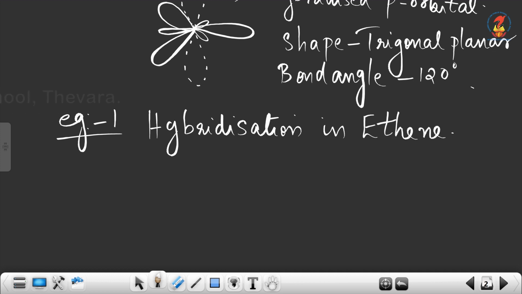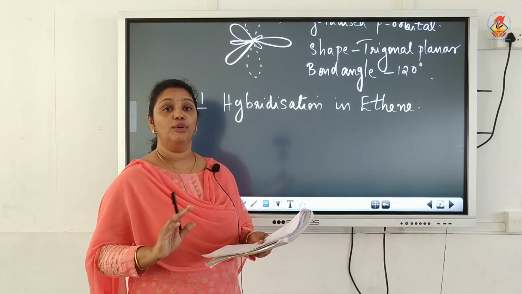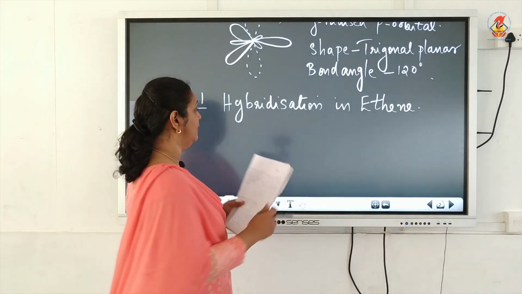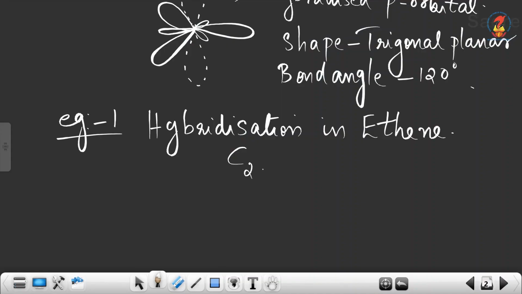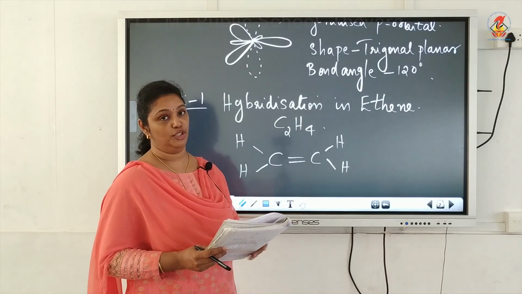We know that ethene is an alkene and it contains a double bond, and the molecular formula of ethene is C2H4. Now when you draw the structure, this is an organic compound, so there is a double bond between two carbon atoms and there are 4 hydrogen atoms in ethene. This is the structure, CH2=CH2.